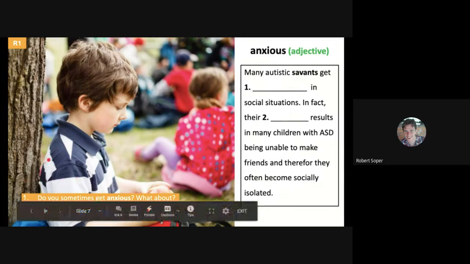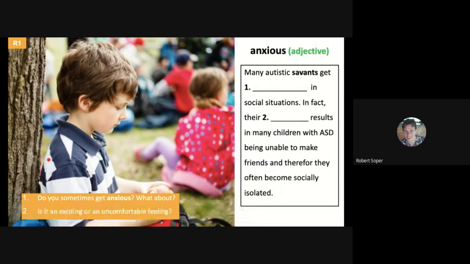Our second question is, being anxious an exciting or an uncomfortable feeling? Now, this is a bit of a trick question.